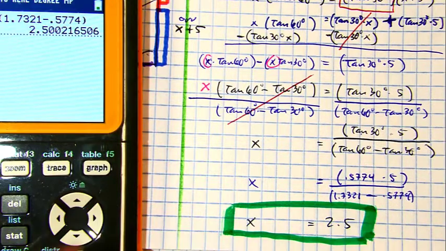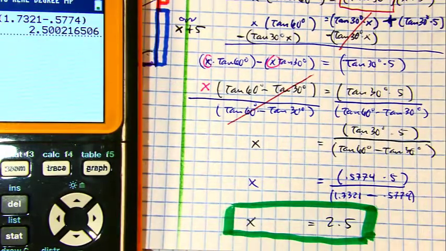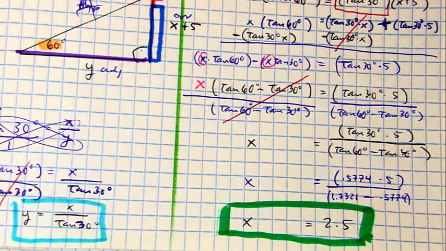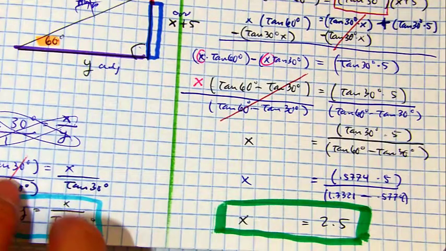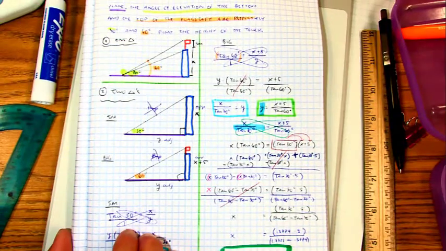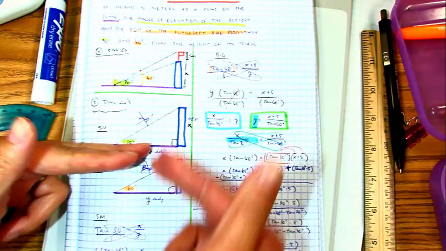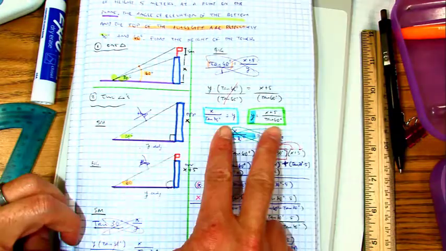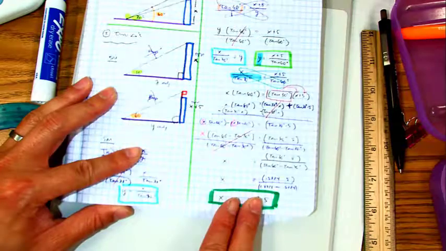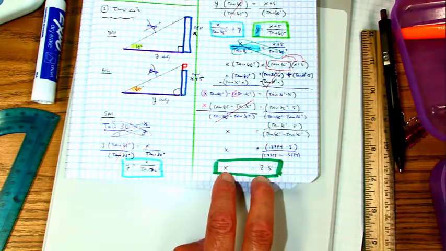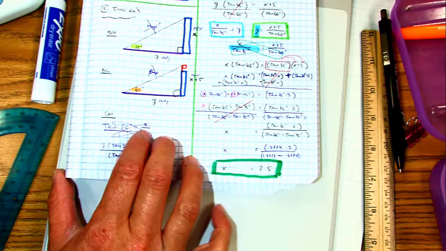Let's review, and then I'll show you guys some alternatives. First, we drew one triangle, separated into 2 triangles, realized what's in common is the purple, so I have to set them equal to each other, and then I'm just doing a lot of algebra to solve for x. Now, in this problem, did anyone see why this problem is so special?